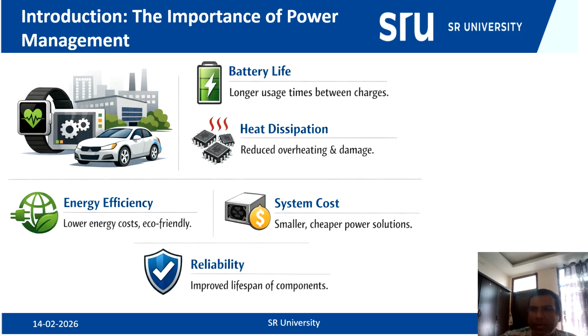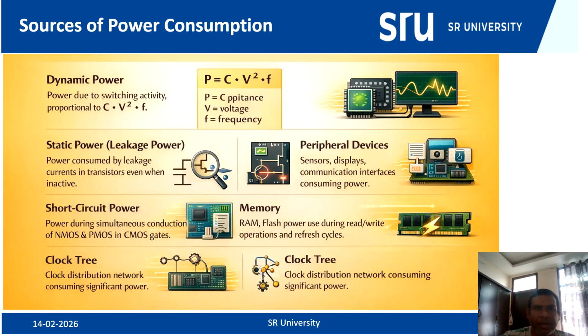Now coming to the next slide, the title of this slide is Sources of Power Consumption. To design an energy efficient embedded system, the first and most important step is to clearly understand where and how power is being consumed.